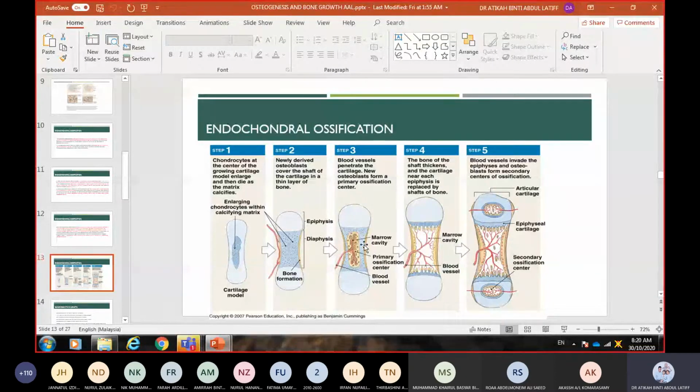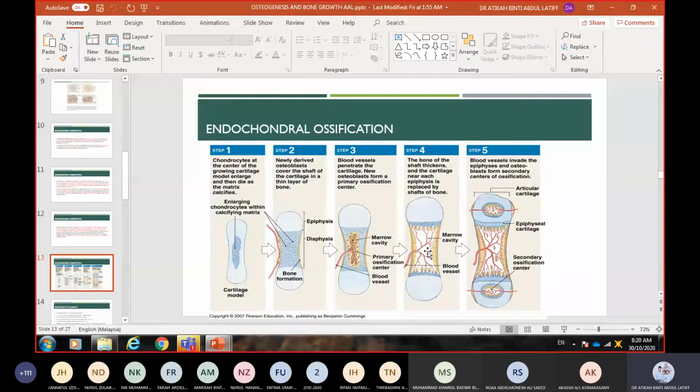Okay, so at the primary ossification center, bone tissue is produced, replacing the cartilage which was here. So the blue area is the cartilage and yellow is the bone tissue or osteoblast. Okay, so at the primary ossification center, after the blood vessel brings in more osteoblasts, this will replace the cartilage template.